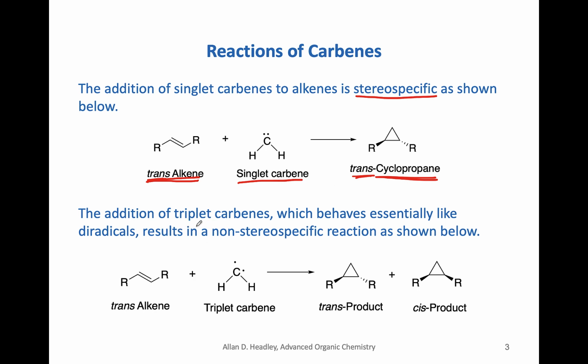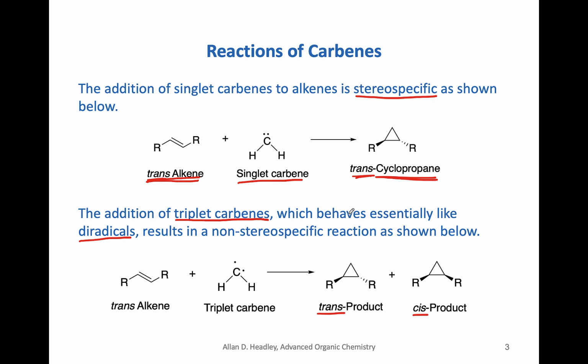On the other hand, if it were a triplet carbene, and triplet carbenes behave as if they are diradicals, as you can imagine, it would add first, and then there's possible rotation. So in other words, we'll have here the trans and the cis product.